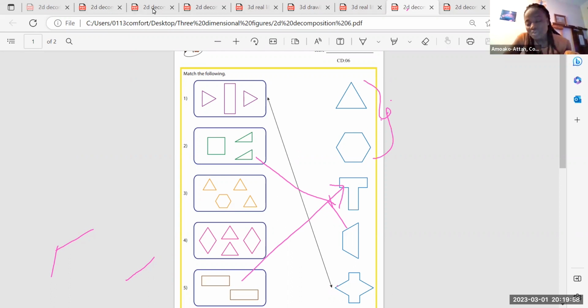Thank you so much for your time and attention. Though today you didn't enjoy my voice, I believe this tutorial was helpful because we've been able to identify the 2D shapes and the 3D shapes. And again, I made an introduction to finding the faces, the edges, and the vertices of solid shapes.